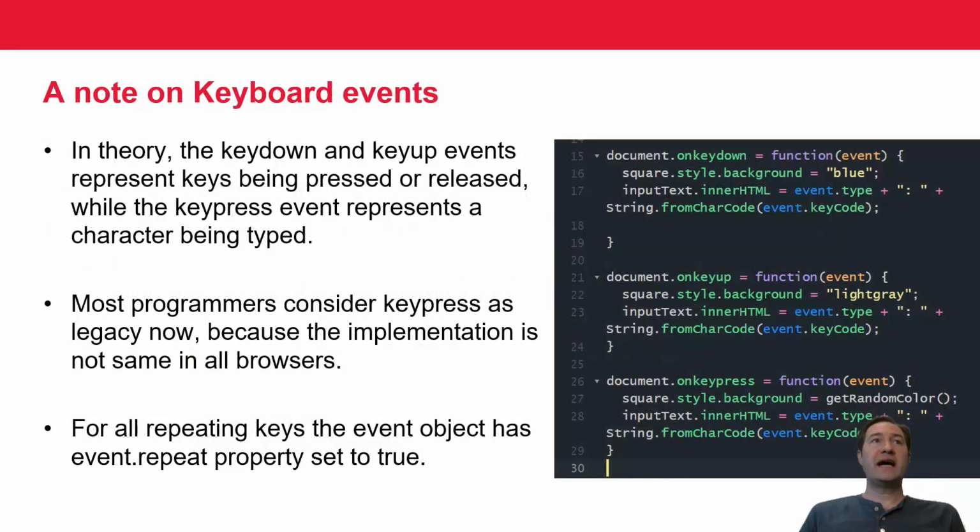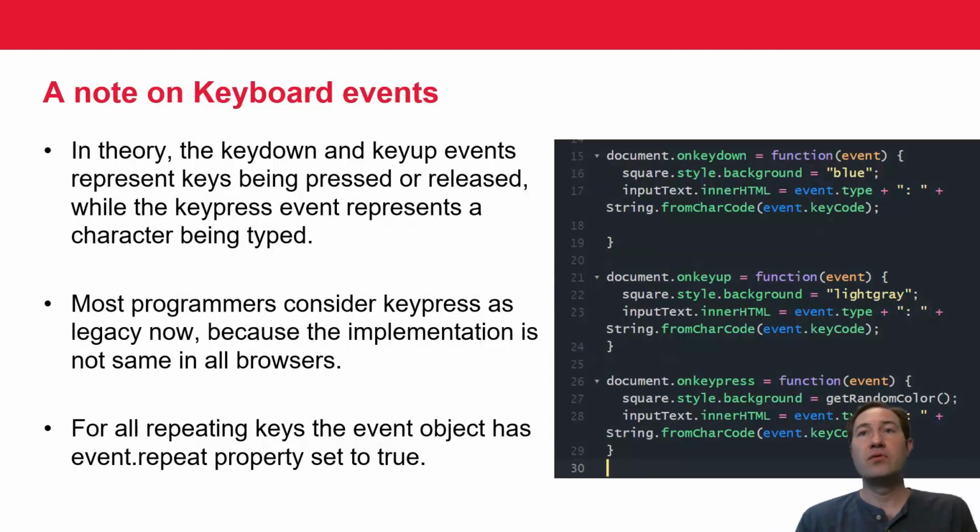One aside that I wanted to mention is that for the keyboard events, key down and key up are represented by keys being pressed on the keyboard. Most people think of key press as a legacy now, but it's still there for you to use. But it gets implemented differently in different browsers. So we typically avoid it now because it's ambiguous as to what's actually happening here.